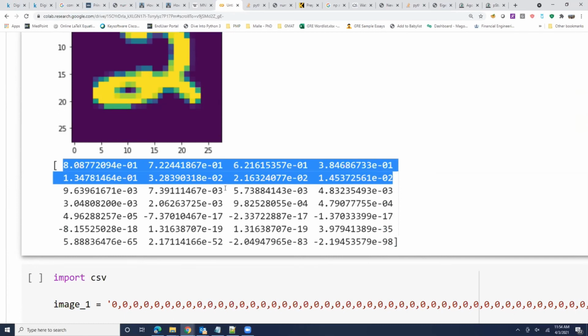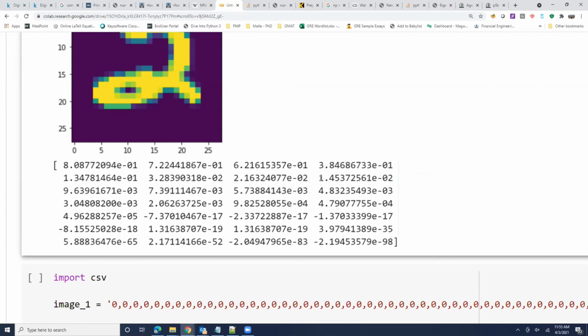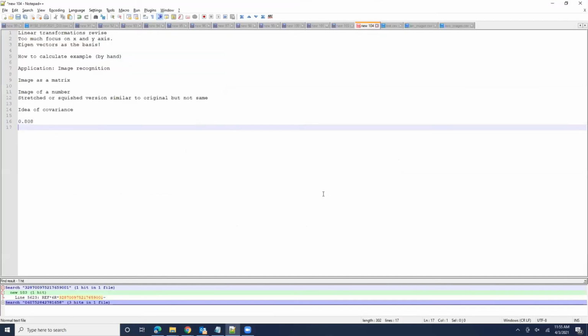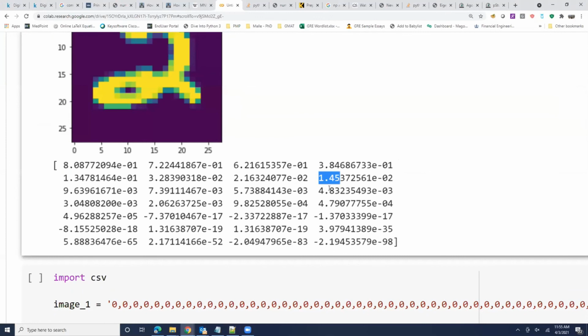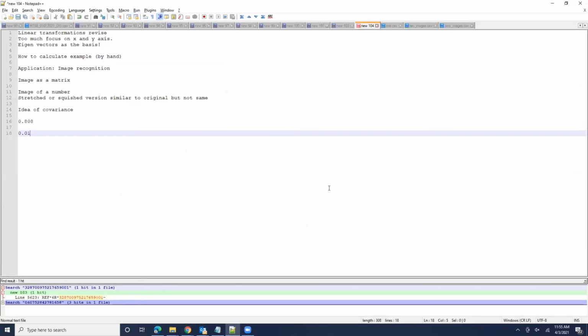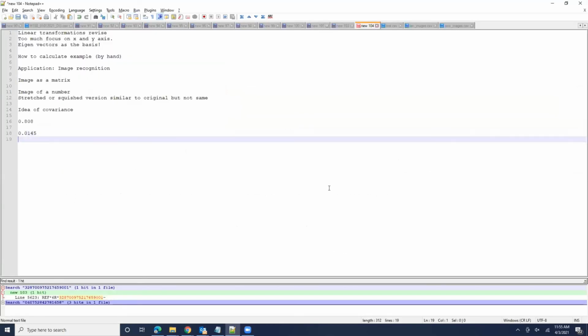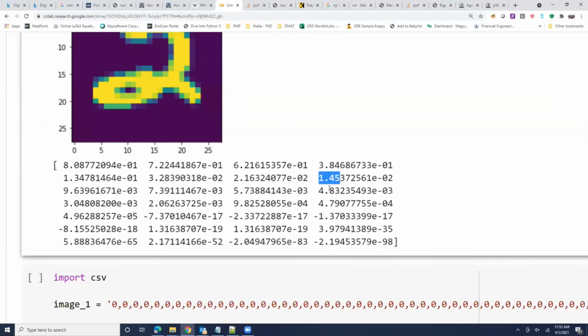If you look at this value, this is 0.808. This value is 0.014. So the first one is 0.808. The eighth value is 0.0145.